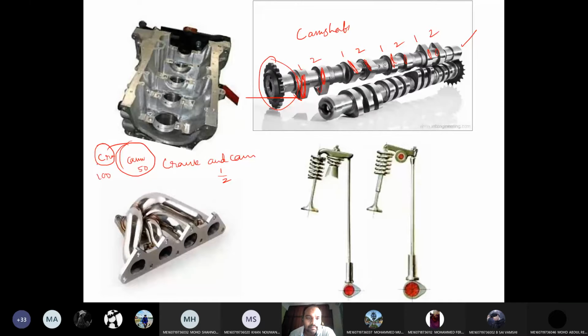If the number of teeth on the crank gear are 20 and on the cam gear are 40, 20/40, therefore the speed is reduced to exactly half. That is the relation between camshaft and crankshaft.